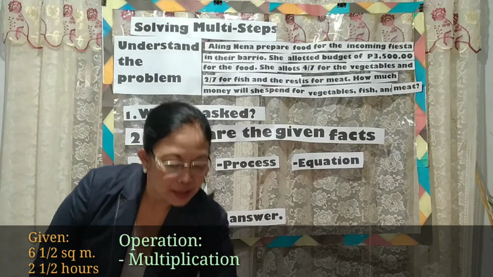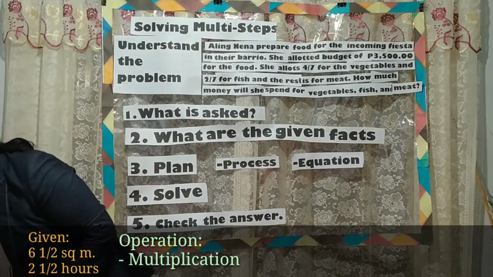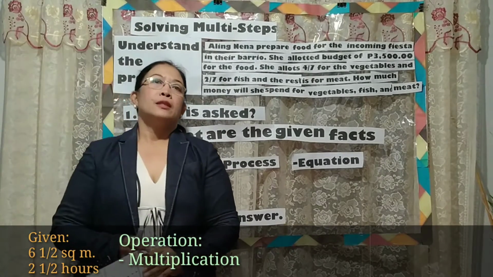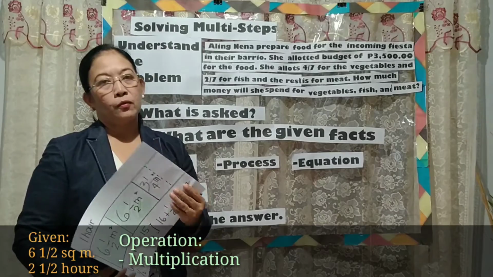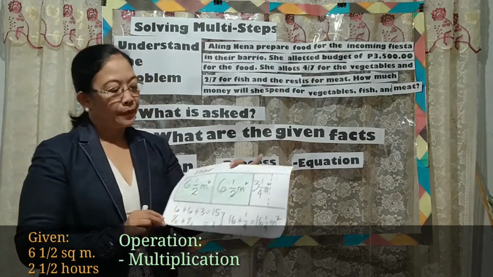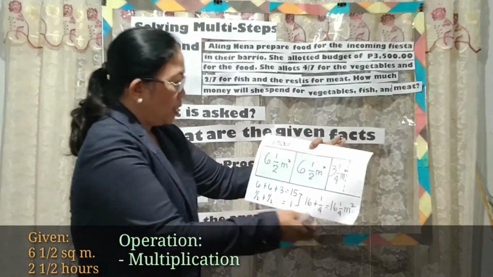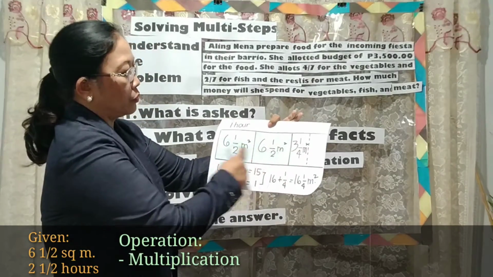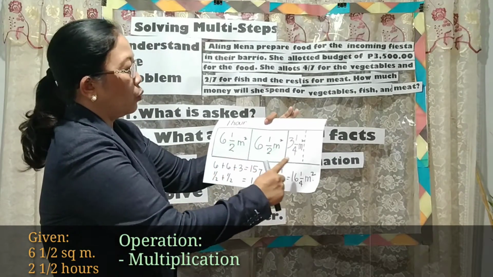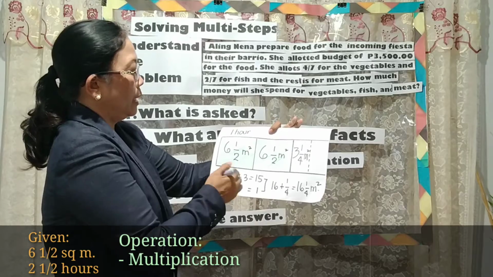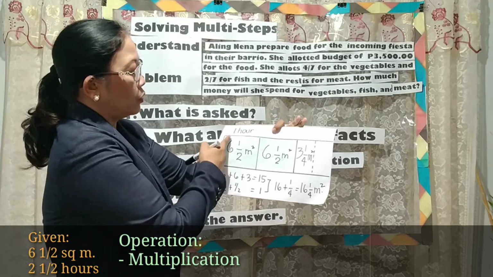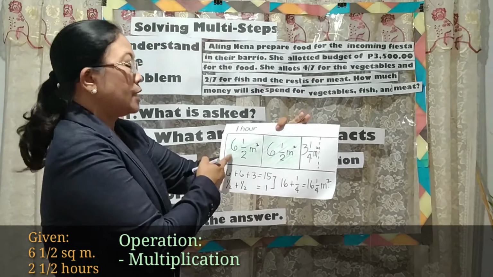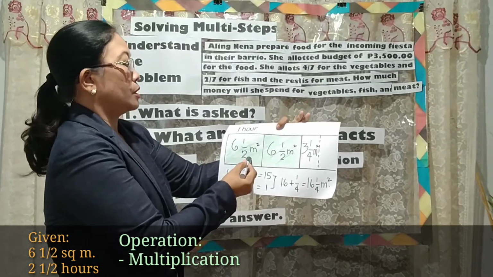So this is the solution using mathematical processes and how you are going to show this using models. So look at this one. This picture represents the 2 and 1/2 hours. Each portion represents 1 hour, which is equivalent to 6 and 1/2 square meters.